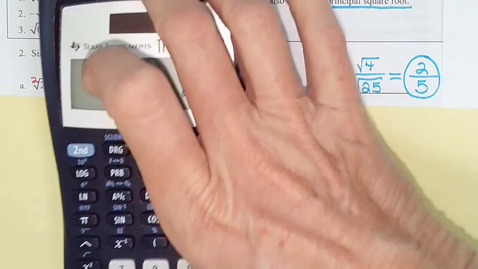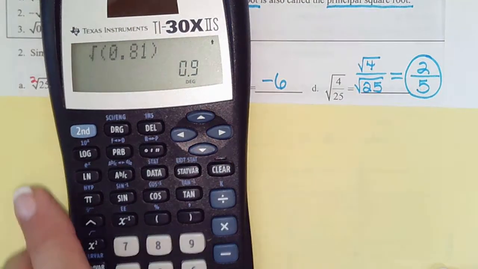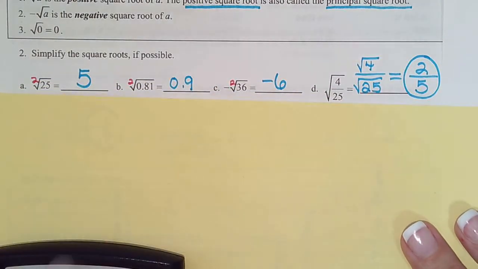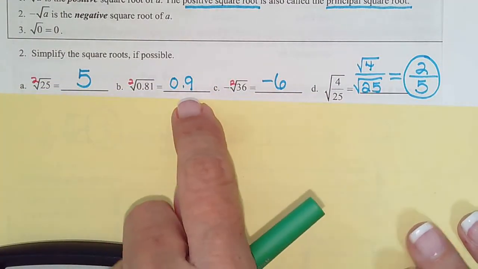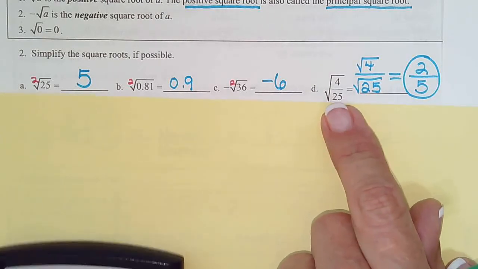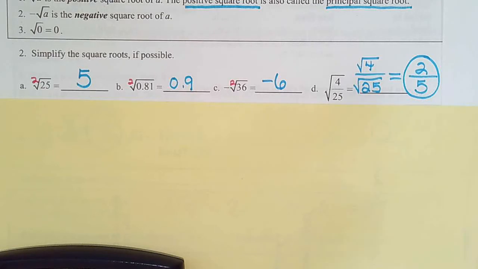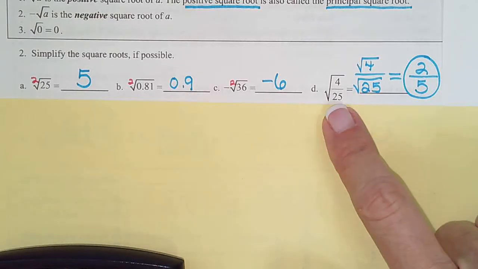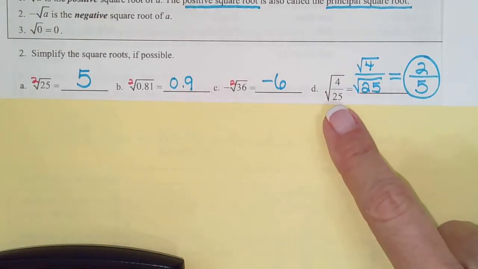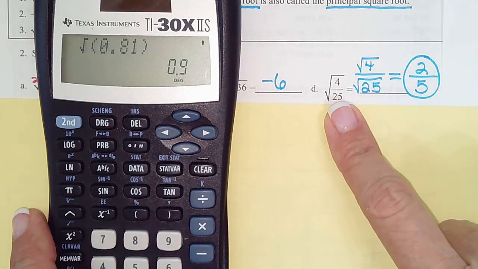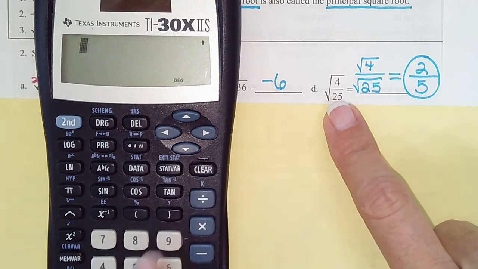And that can also be done on the calculator. So notice when the calculator gives us a decimal problem, we give a decimal answer. When the calculator gives us a fraction problem, we give a fraction answer. You're not supposed to mix units, so make sure you stay consistent. Decimal, decimal answer. Fraction, fraction answer. So since I know this wants a fraction answer, I need to use the fraction bar when I do it.